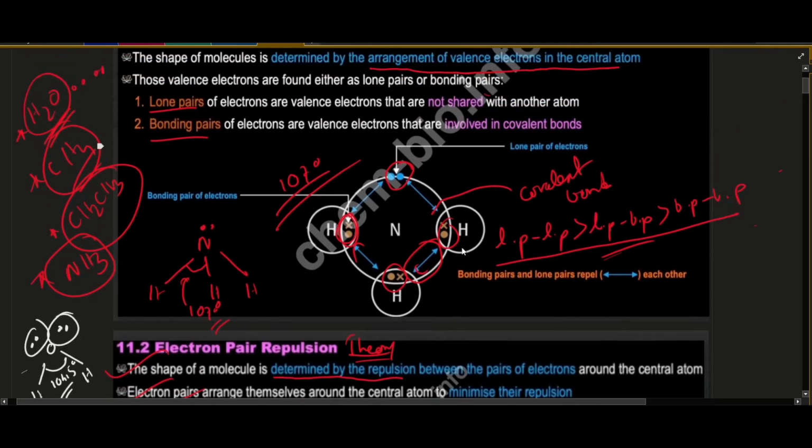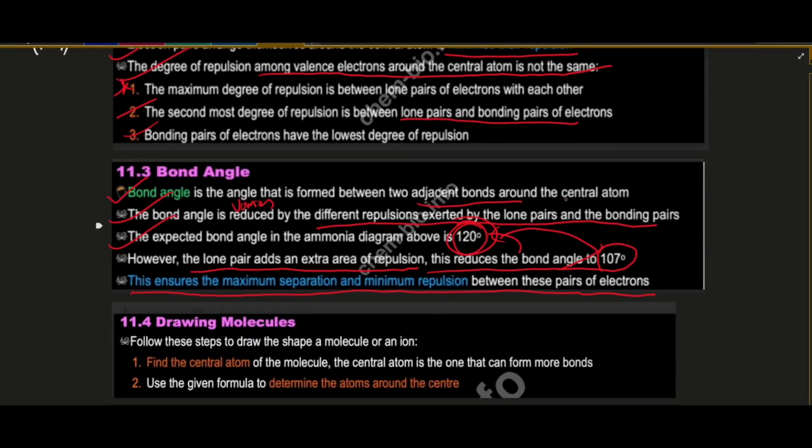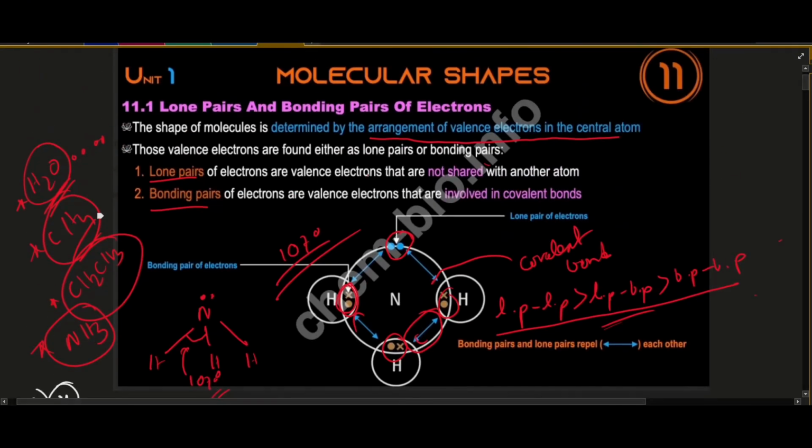If the distance increases, what they're trying to say is that lone pair and bond pair get more repulsion, isn't it? So if the distance increases, maximum separation will take place, and at one point of time they will face minimum repulsion. Do you understand what I'm trying to say?